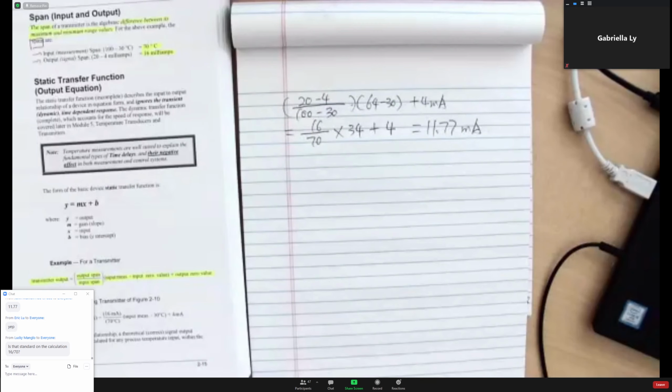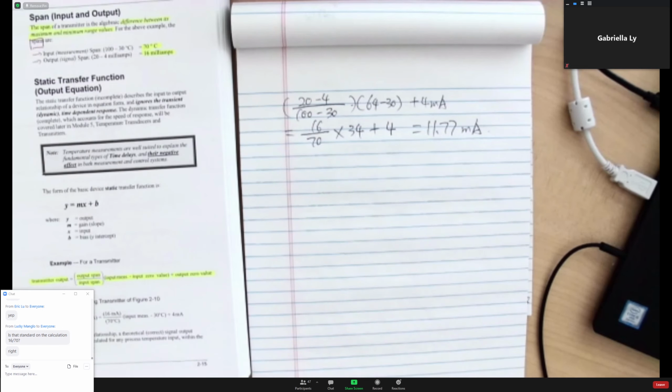So once you know this, it depends on the range they give to you. We will say this: if I give you a current value, you're gonna use 17 divided by 16. But if we give you a temperature value, any of the temperature values in here, because that's your output span over your input span.